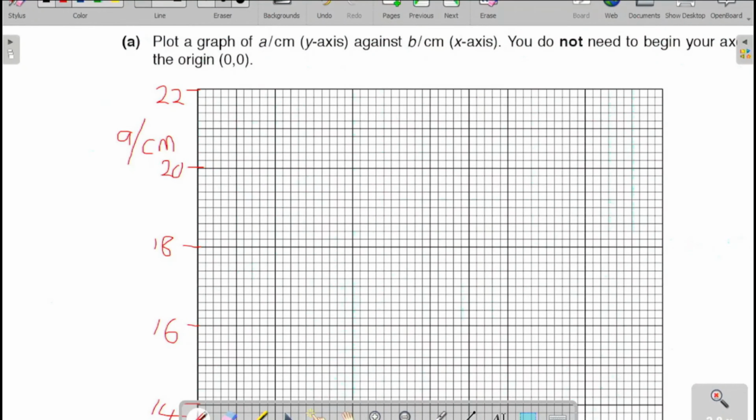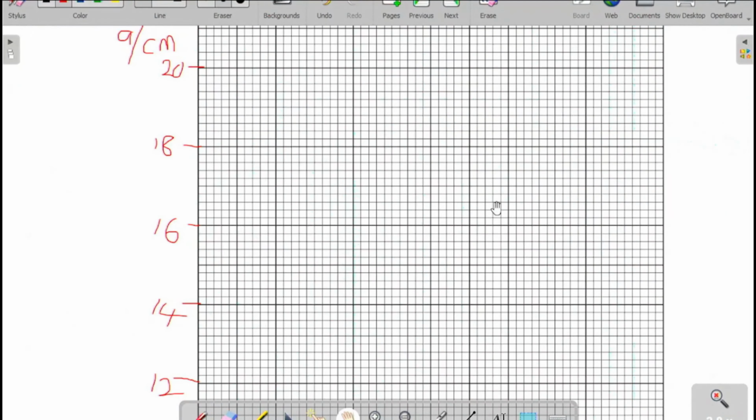Let's plot our points. The first one, 21.0 and 19.1. This is 21.0 here. Then we need to look at the point that is 19.1. Let me reduce this a little bit.